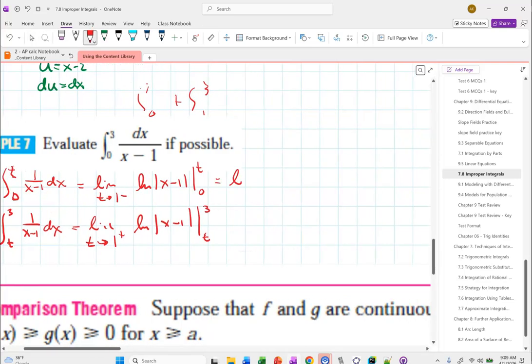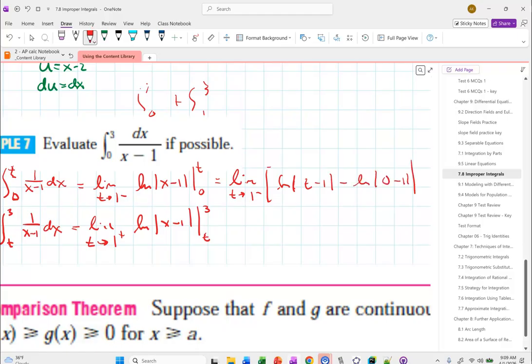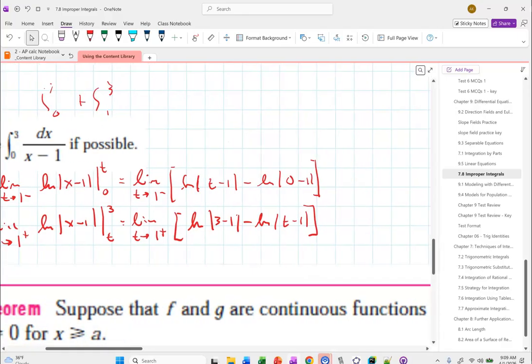Okay. That's supposed to be a bracket. That's supposed to be an absolute value. Okay.